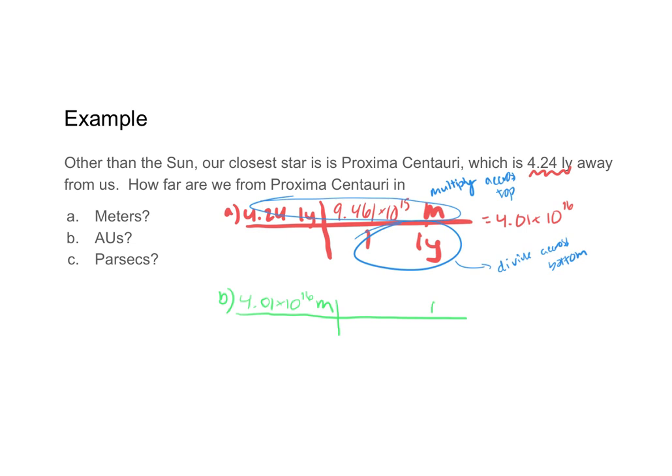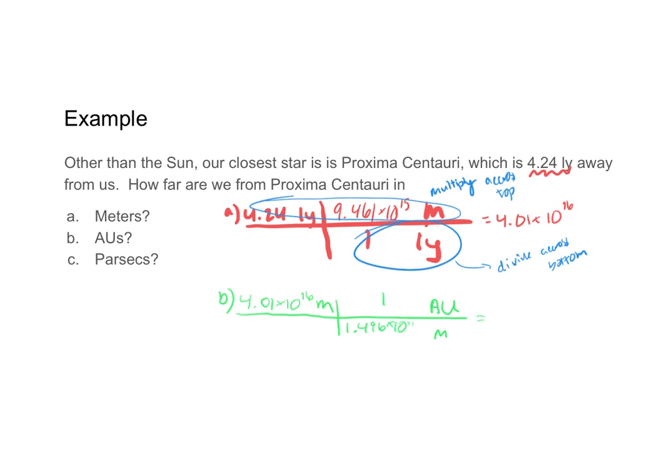Then I want to convert from meters, so meters goes on the denominator, to astronomical units, so AU goes in the numerator. I know 1 AU is 1.496 times 10 to the 11th meters.